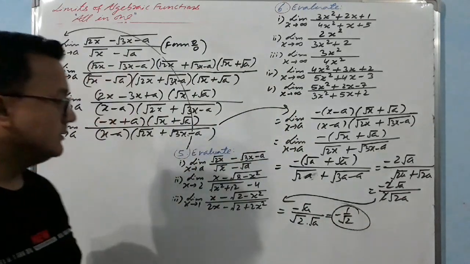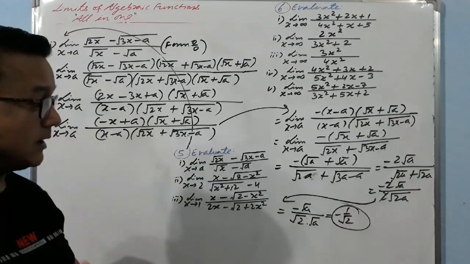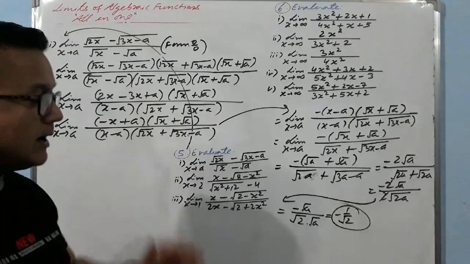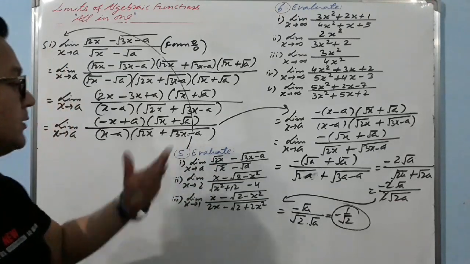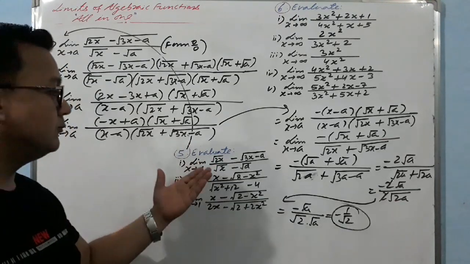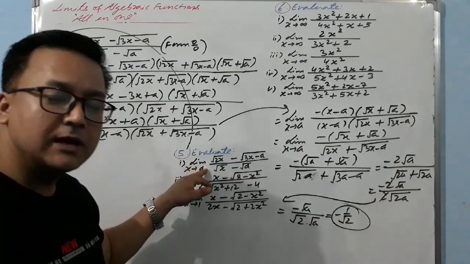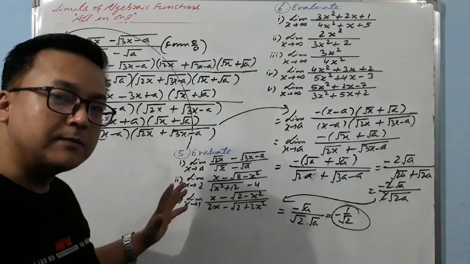So this is the solution, the limit of this function: minus 1 upon square root of 2. Okay, everybody, now I don't think you have a problem.